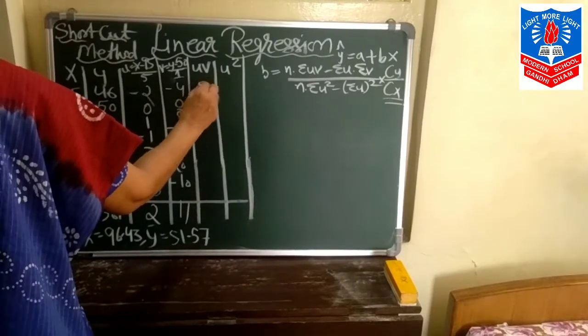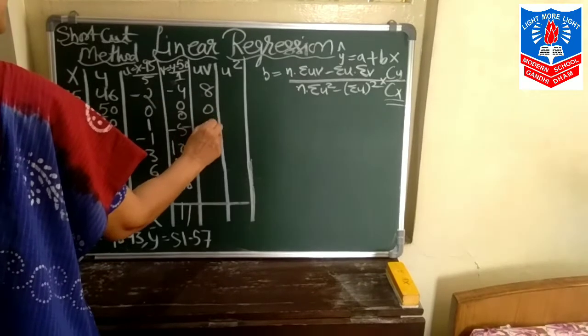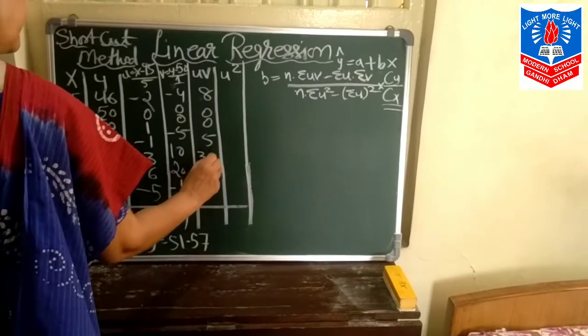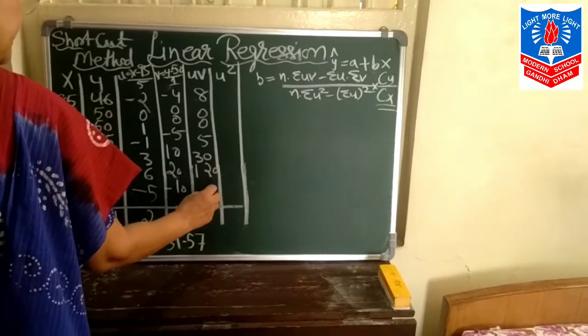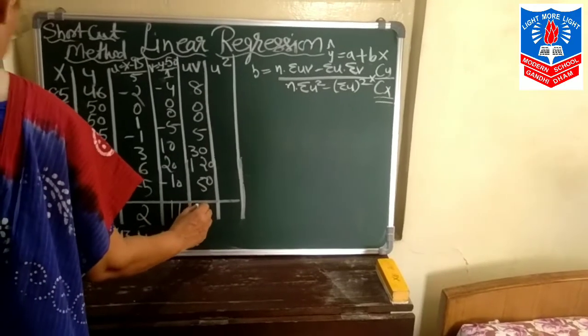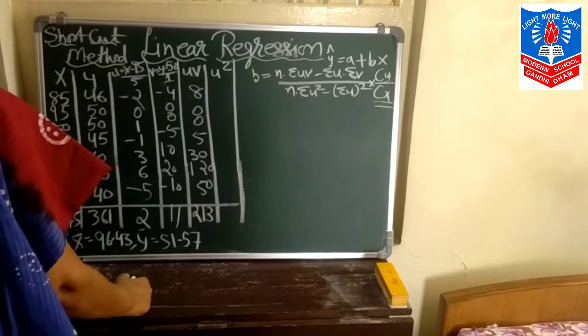Now this will be 8, minus minus plus, 0, 0, 5, 30, 120 and 50. The total of this is 213. So sigma uv is 213.